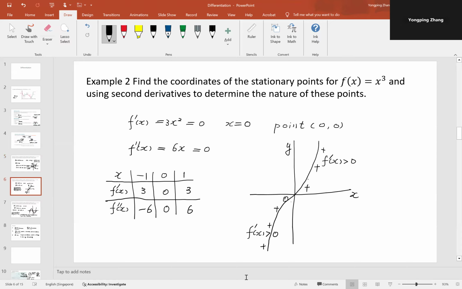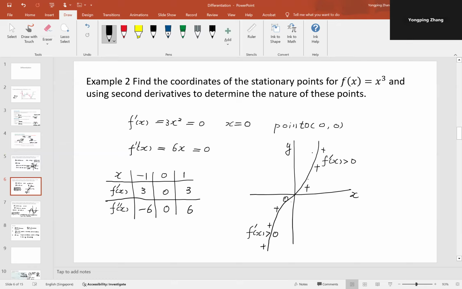We can see the second example. Find the coordinates of the stationary point for this function. Using the first derivative equal to 0, we find the point at the origin (0, 0). For this point, the second derivative equals 0.